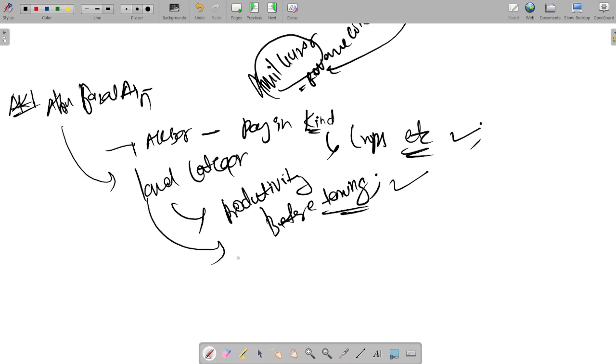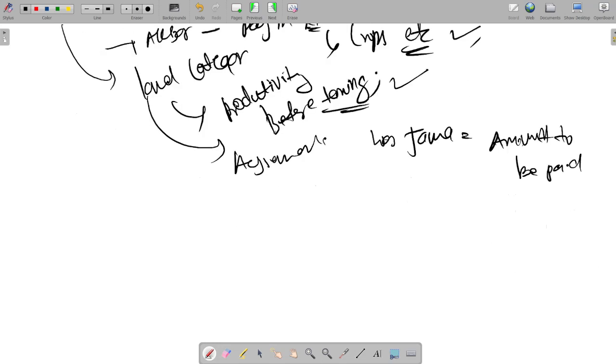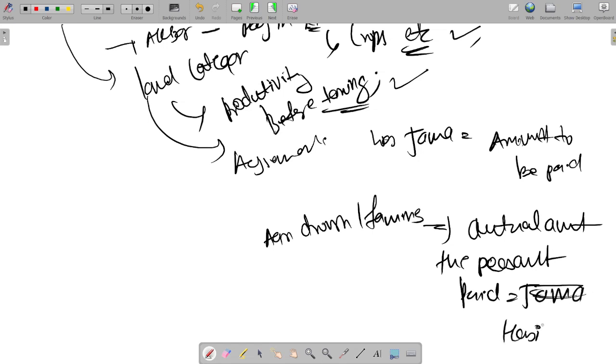The original assessment done was called Jama, that is the amount to be paid. But due to agricultural drought, famines, etc., when the revenue was low, the actual amount the peasant paid is called Hasil.